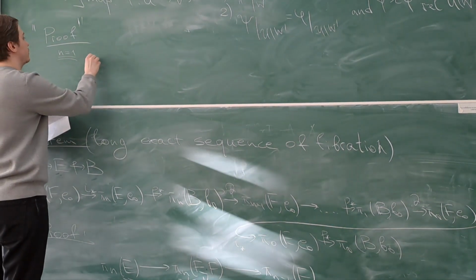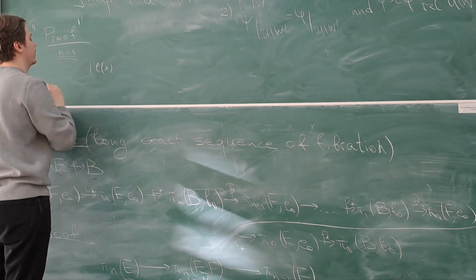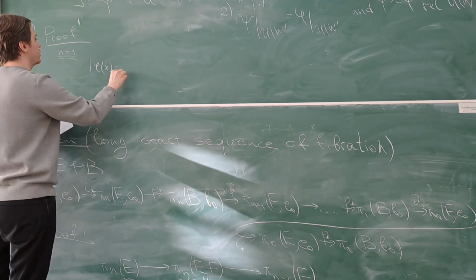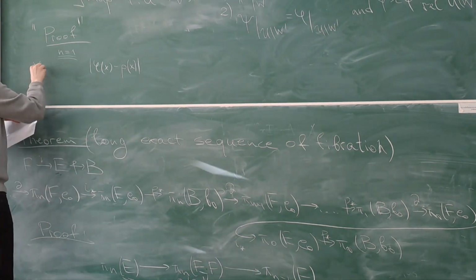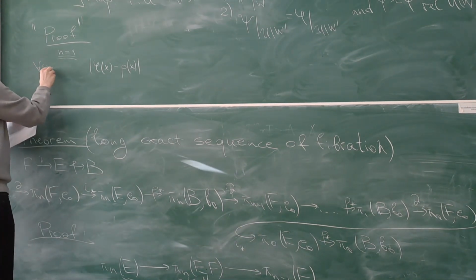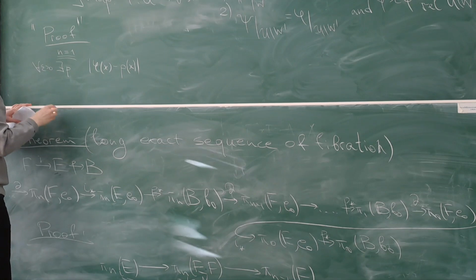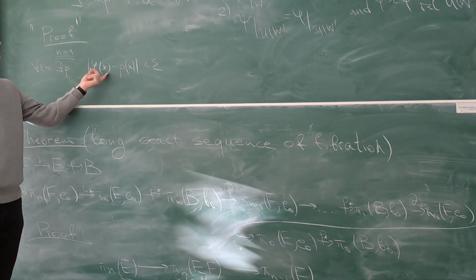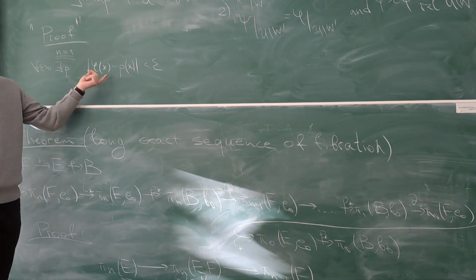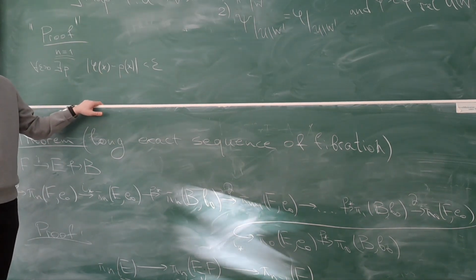So you can approximate phi: for every epsilon, there exists a polynomial p, so you can approximate phi by some polynomial p up to every epsilon.